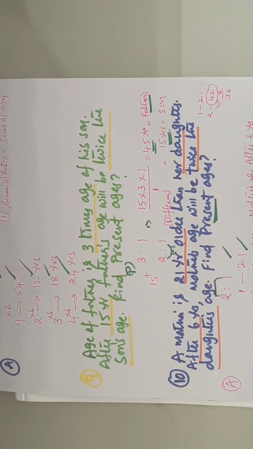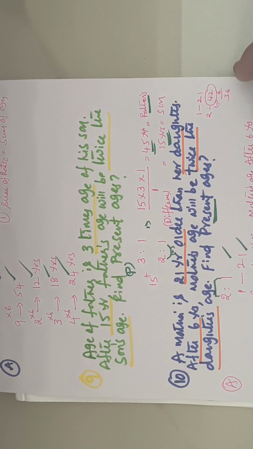So present mother's age is equals to 42 minus 6, that is equals to 36 years. Because ratio is after 6 years, whenever we are doing difference calculation, the age will come same as ratios after 6 years age. So we have to minus it. 42 minus 6, 36 years.